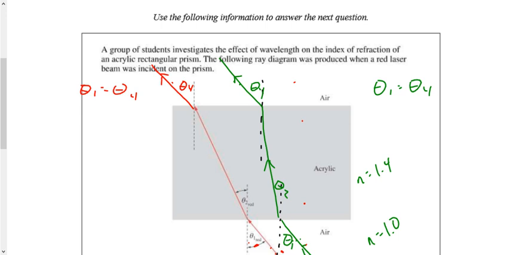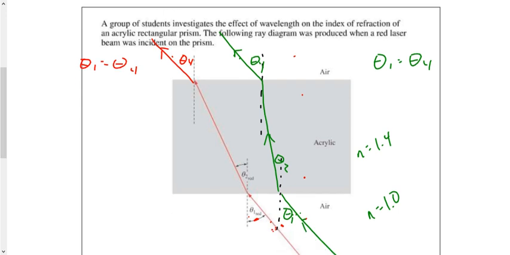Now, inside the acrylic, different things are happening, right? But if theta 1 is the same for green as it is for red, and theta 1 is the same as theta 4, then theta 4 has to be the same for green as it is for red, right?